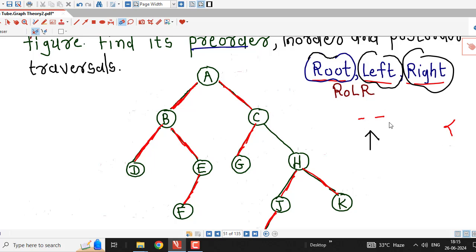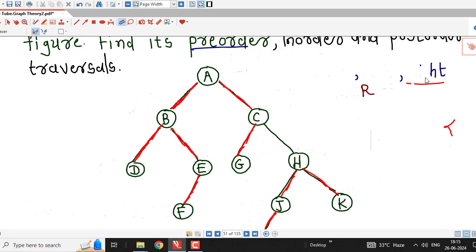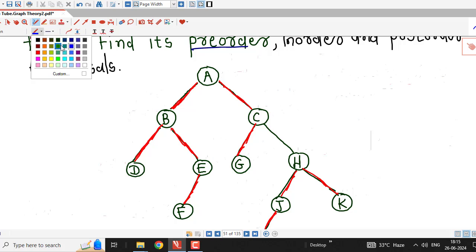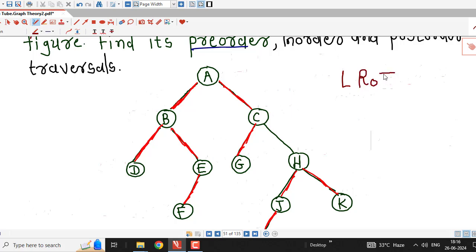So now things are different. Our algorithm is the in-order traversal algorithm. What we have to remember is that first we are processing the left subtree, then the root, and then we are traversing the right subtree.